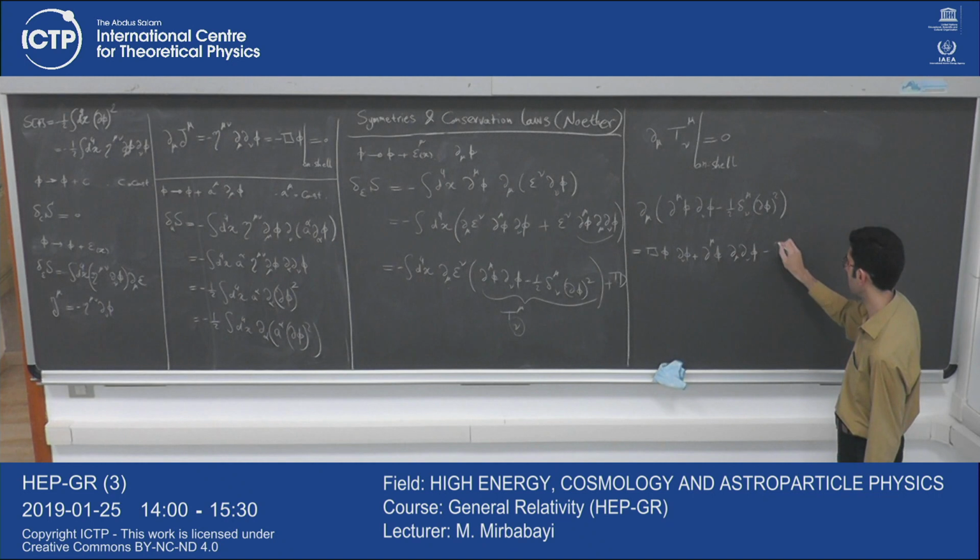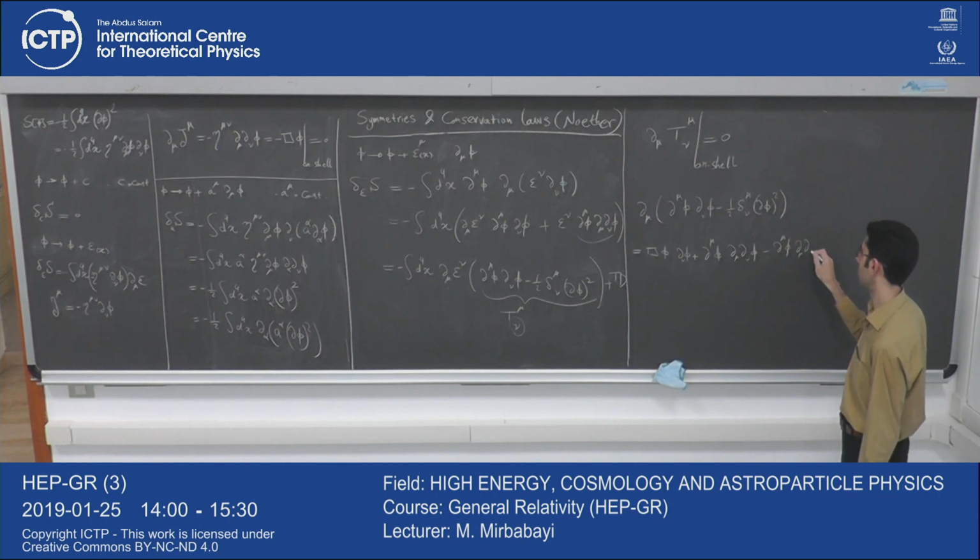So there is a factor of 2 that cancels this and gives me d alpha phi, d nu d alpha phi.